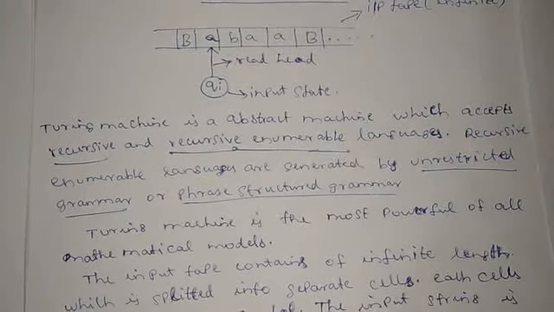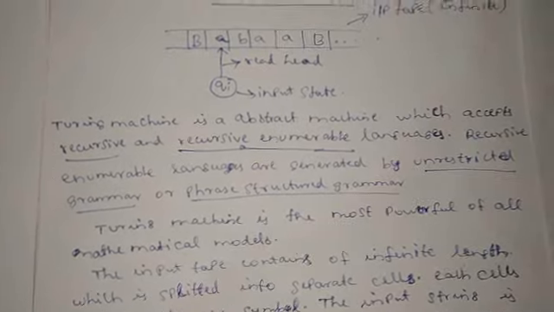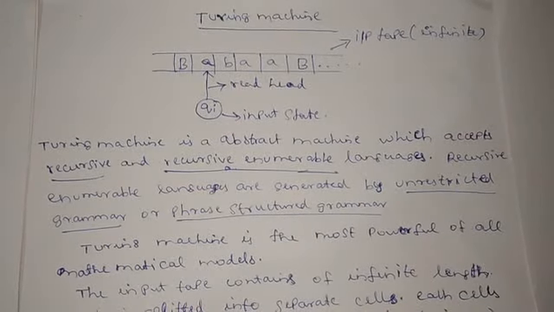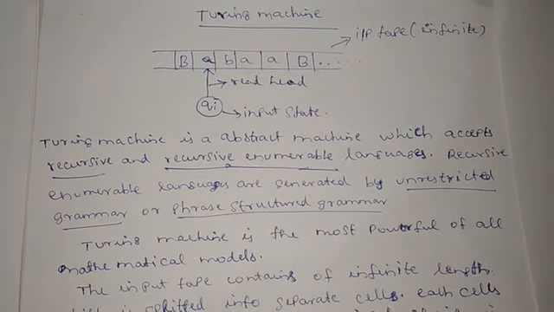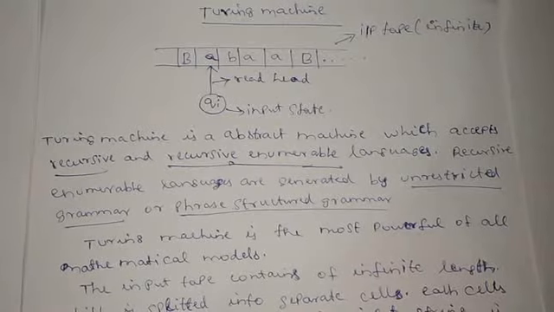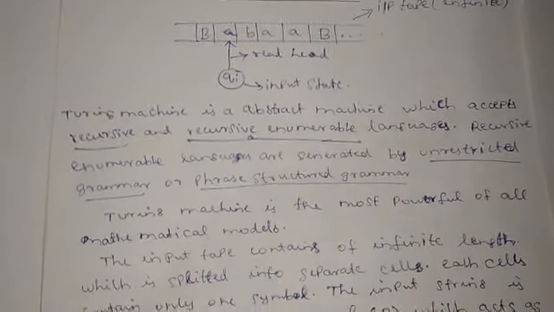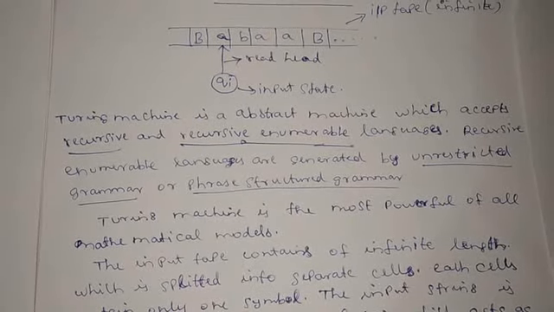Now, recursively enumerable languages belong to type 0 grammar. That means the grammar used to generate recursively enumerable languages is called type 0 grammar, also called unrestricted grammar or phrase structured grammar. So the Turing machine is the most powerful machine of all the mathematical models.